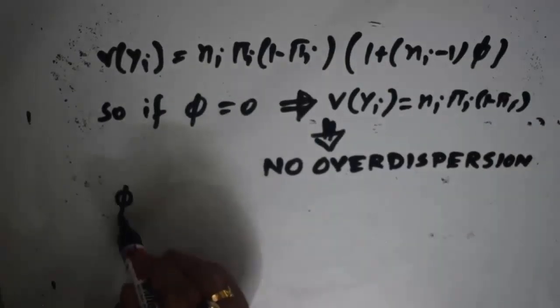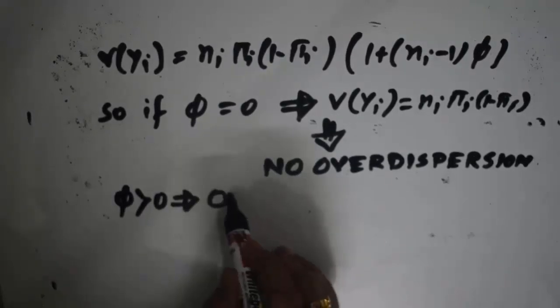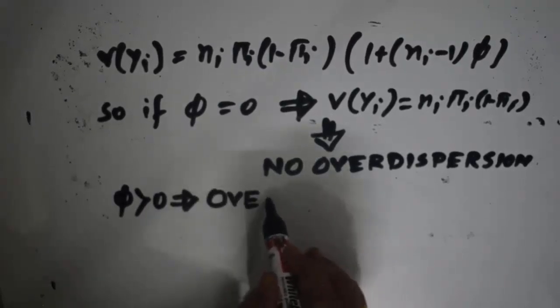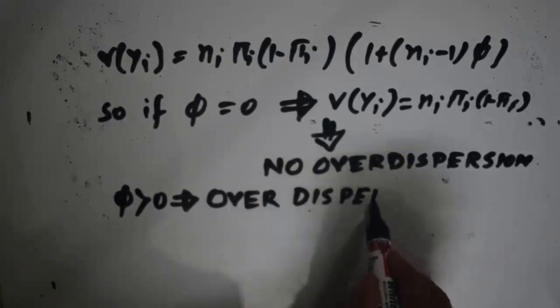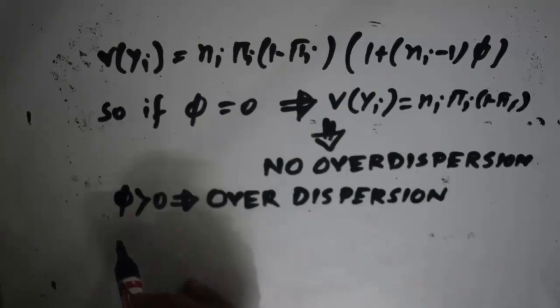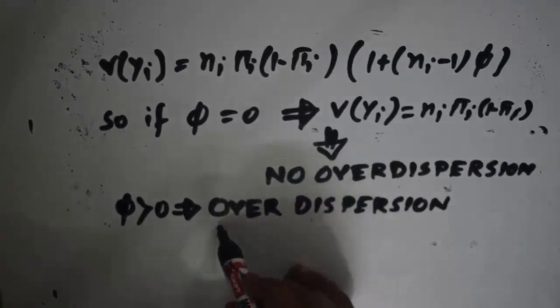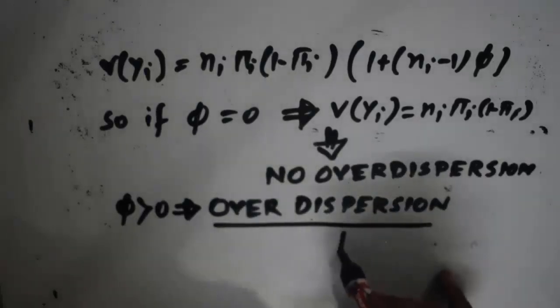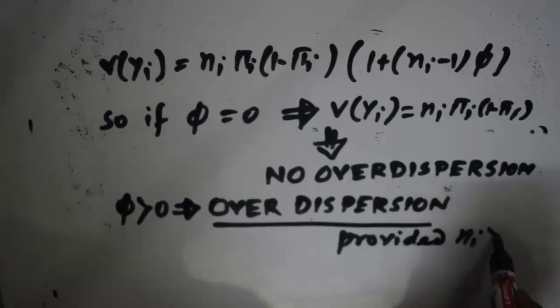If phi is greater than 0, this implies overdispersion, provided Ni is greater than 1.